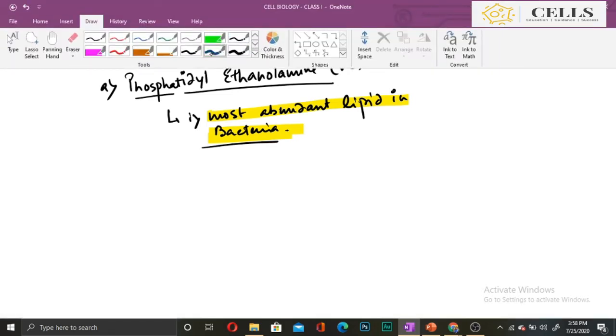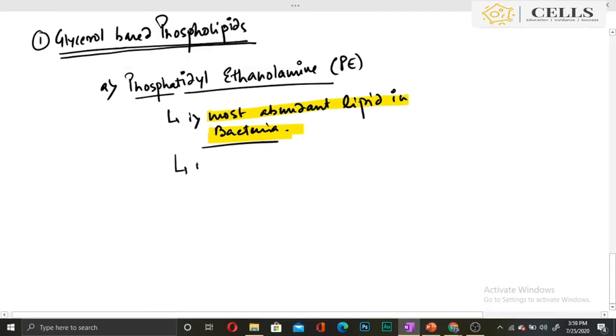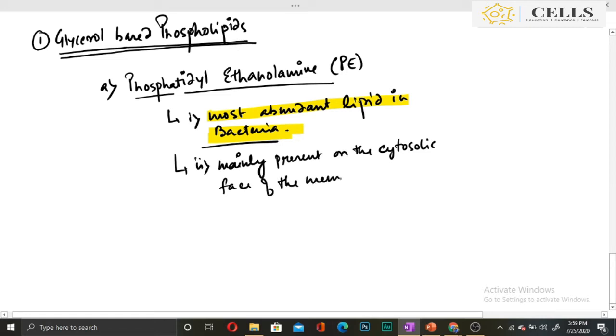Second, this lipid is mainly present on the cytosolic phase of the membrane.